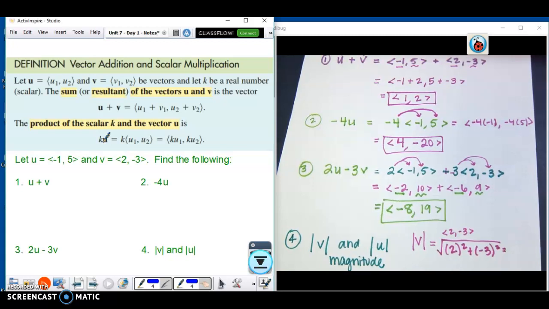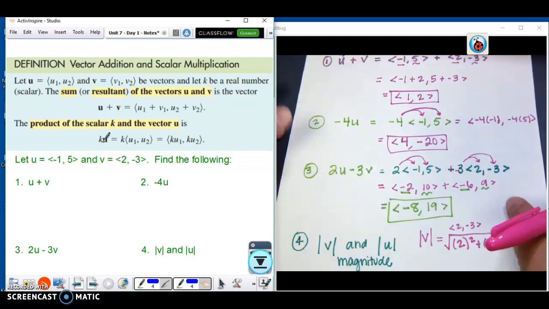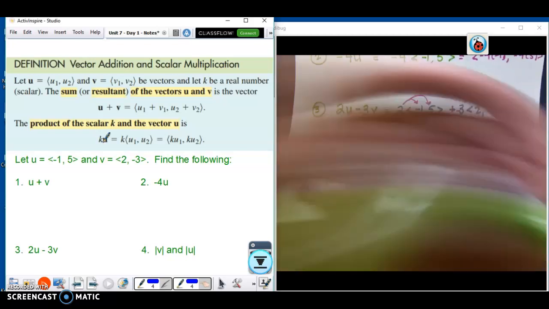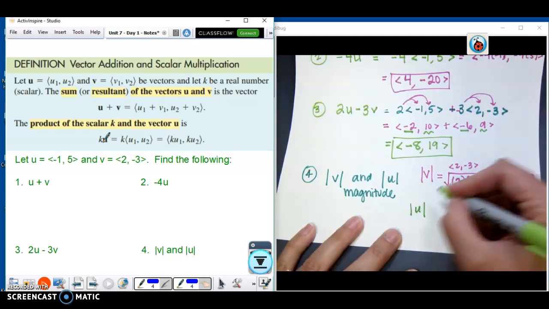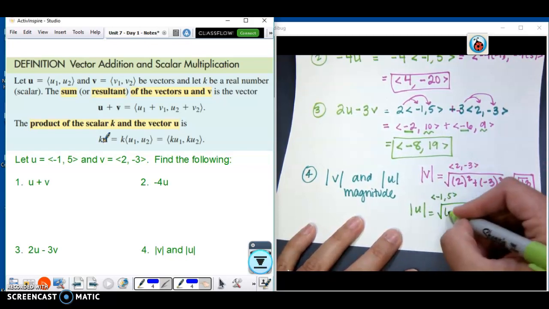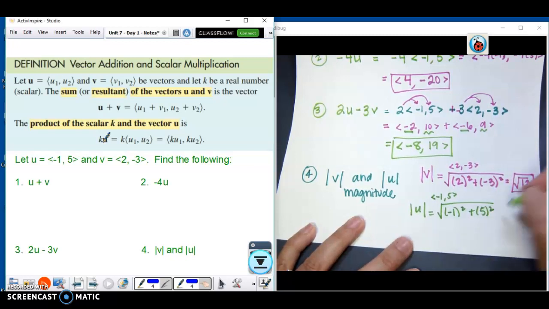So the square root of 4 plus 9 is the square root of 13. And then if we find the magnitude of u, u is the vector -1, 5. So it'll be the square root of -1 squared plus 5 squared. So the square root of 1 plus 25 is the square root of 26.